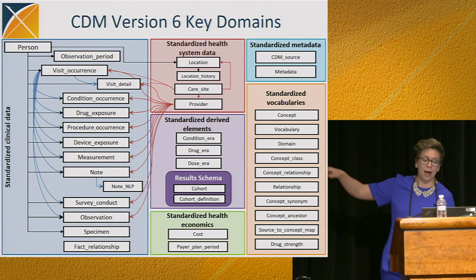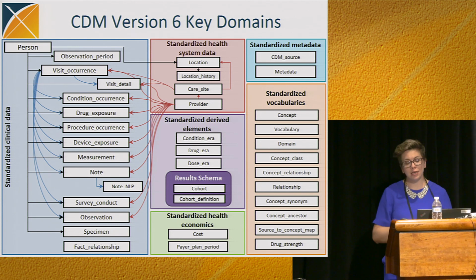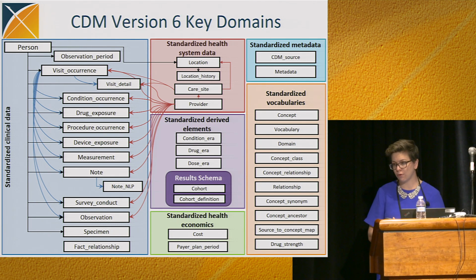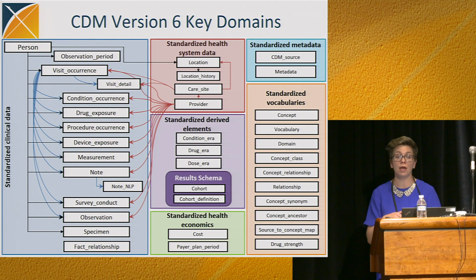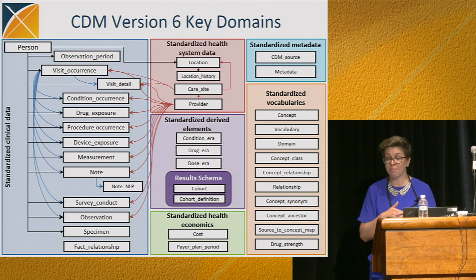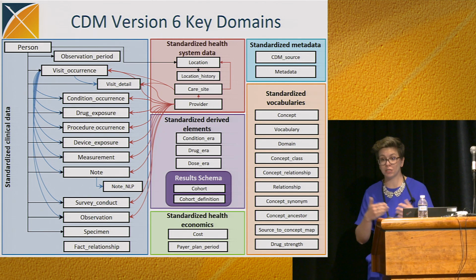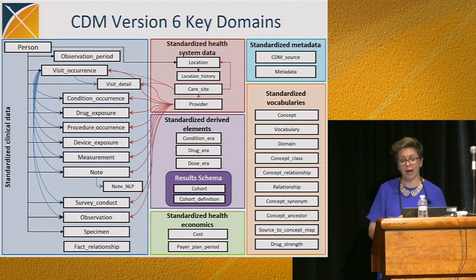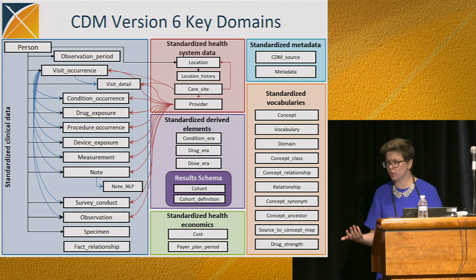In the red at the top, there's standardized health system data. So we do maintain some information about location. So maybe if you're lucky in your data, you know the addresses of your patients. Maybe you know the address of the physicians. You can store that in there. There's also information about care sites.